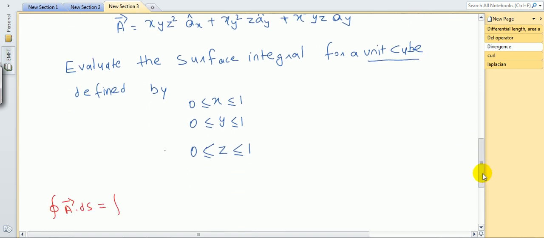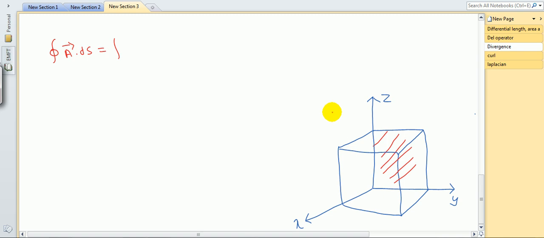So the surface integral for this surface will also become 0, because here the value of y is 0, and for this surface the value of z is 0, the below surface.